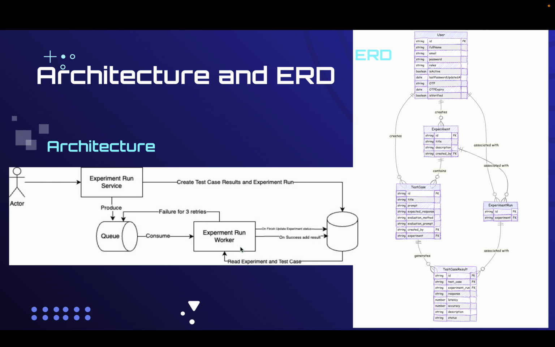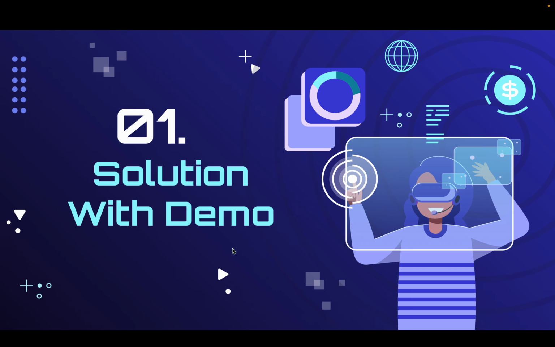And if it succeeded, it's going to push the result to our database, which is again on the same table. And when every test case in the queue for an experiment is processed, we're going to update the status of the experiment as completed, right? Yeah, so that's how it works.